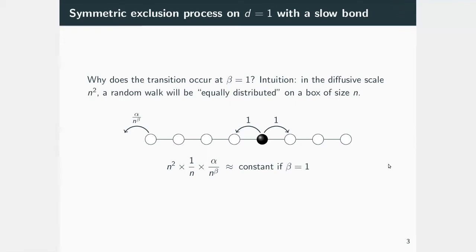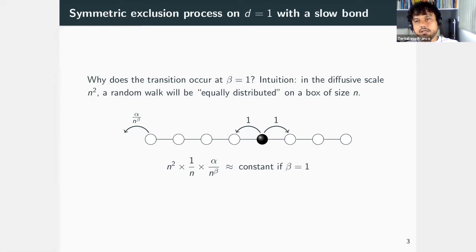It's just an intuition, but it gives the idea why beta equal to 1 is important. In this scale, the random walk will be able to cross the slow bond a positive number of times. If beta is smaller than 1, it's going to cross infinitely many times. It means the density will be continuous at that point, so we have no discontinuity.